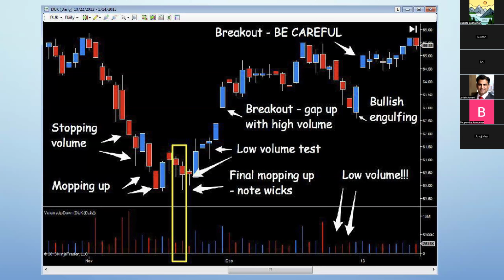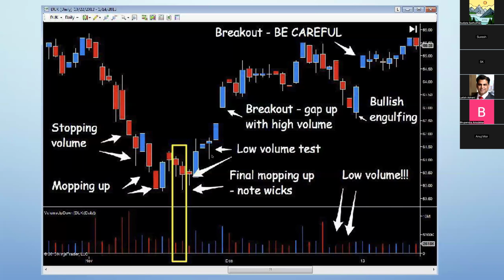Sulipta, this chart you're showing, this volume, is it weekly or daily? Let's not talk about the time frame. It could be daily, weekly, or monthly. What I'm talking about is this accumulation and distribution phase. You can see it in any time frame, daily, intraday, weekly chart, monthly chart, anything.